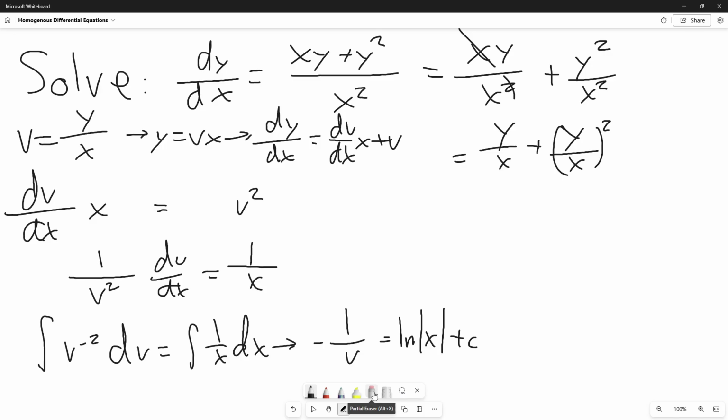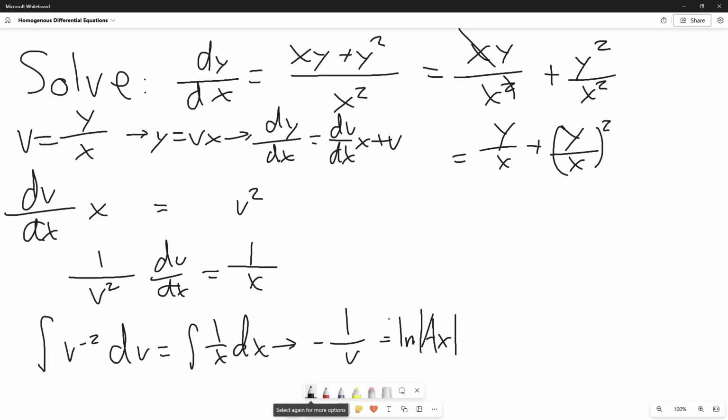And then, to simplify the right side more, we can turn this c into ln absolute value of a, where a is a constant. A constant that's not equal to c, obviously, but still a constant, and then we can add that to this natural log. So ln absolute value of x plus c turns into ln absolute value of a times x.